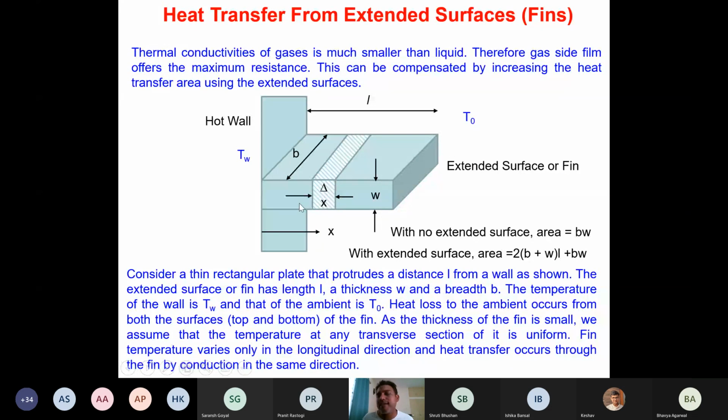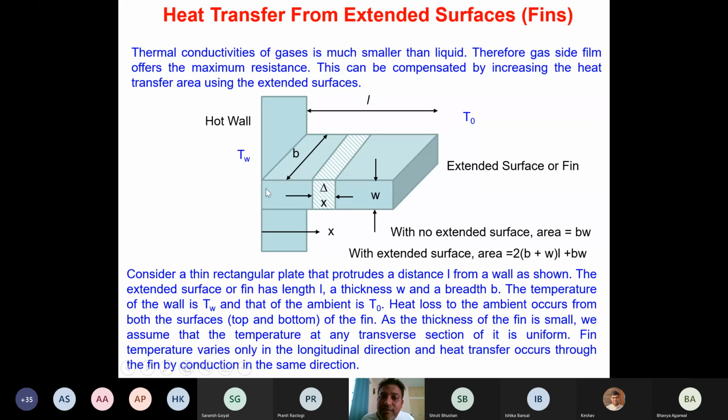Now capital Q is nothing but the amount of heat transferred by this vertical surface to this fin, which is the amount of heat transferred at this location. So this fin is getting the heat only at this location, which is connected to this vertical surface.